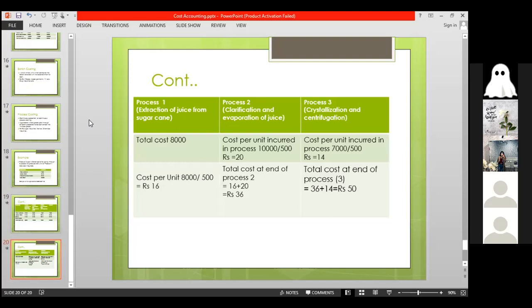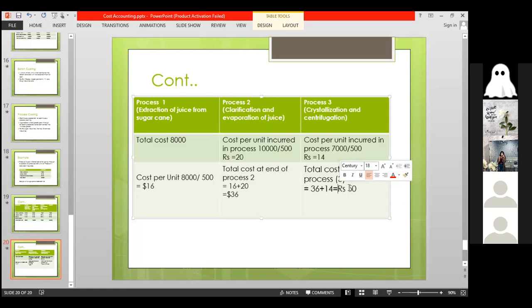So we can see if 8,000 is the cost of process one and you're producing 500 units, we can easily calculate that the cost per unit is $16. Then process two has its own cost of $10,000.